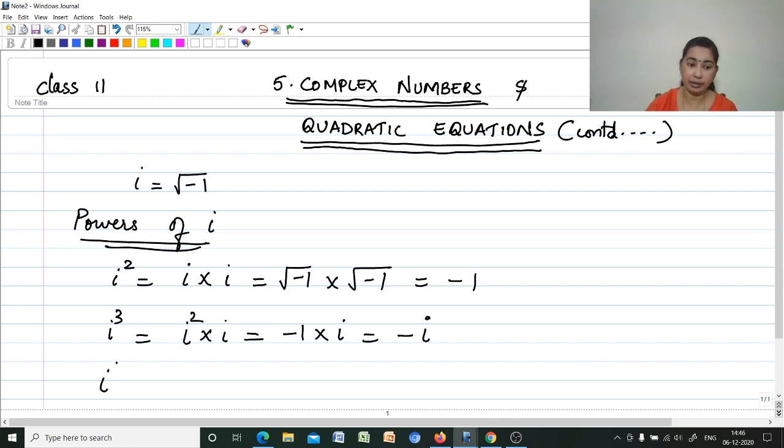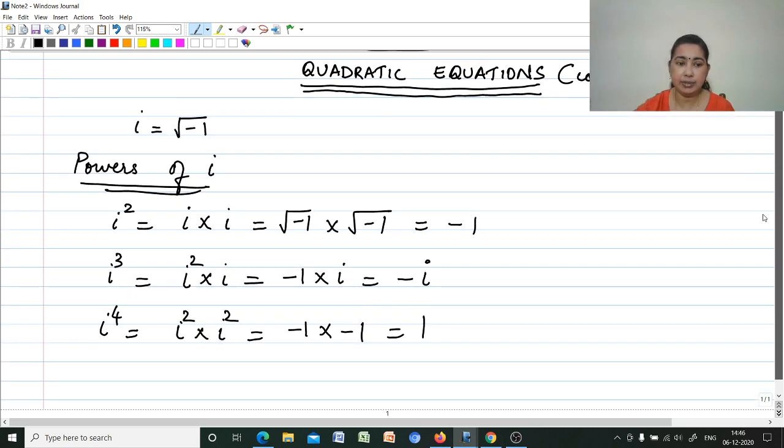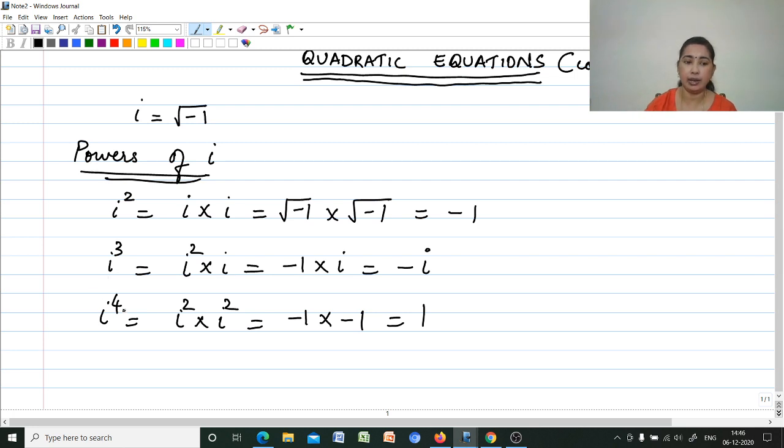How much will be i raised to 4? i raised to 4 means i square into i square. I square we have already found, it is minus 1, again into minus 1, which is equal to 1. So we understood that i raised to 4 is equal to 1.